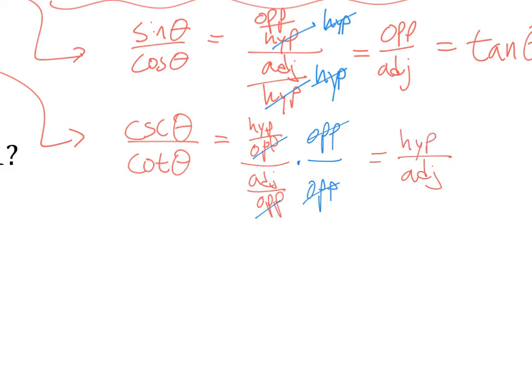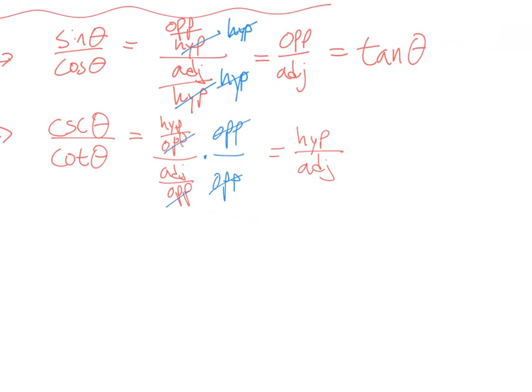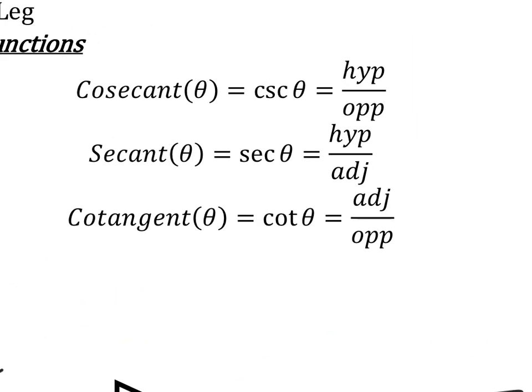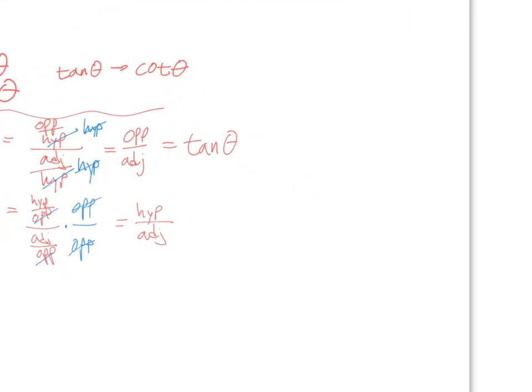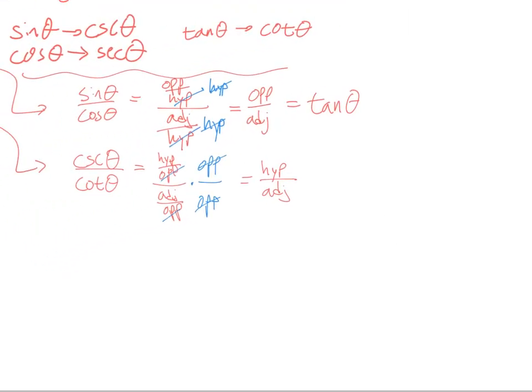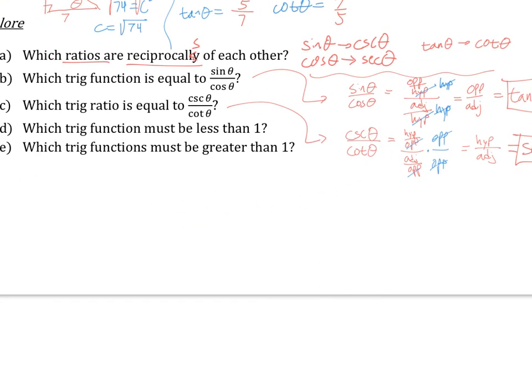So hypotenuse over adjacent. What is hypotenuse over adjacent? If we look back at our definitions, hypotenuse over adjacent is the secant. So this is equal to secant of theta. Now we can take combinations of two functions, simplify them, and write them as one.